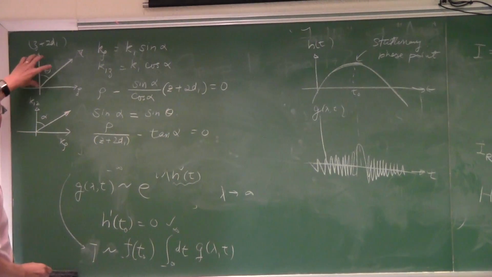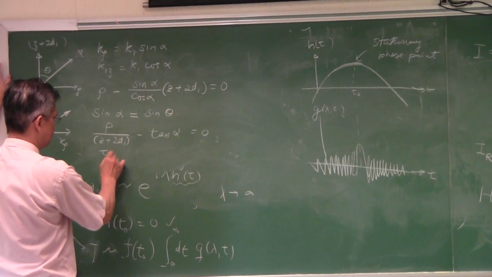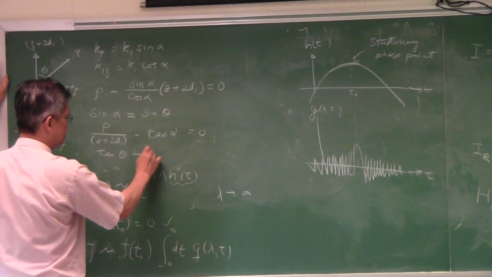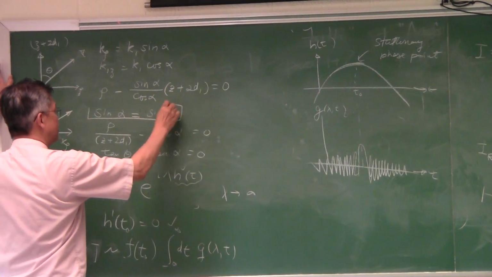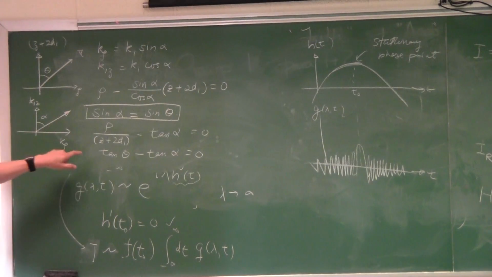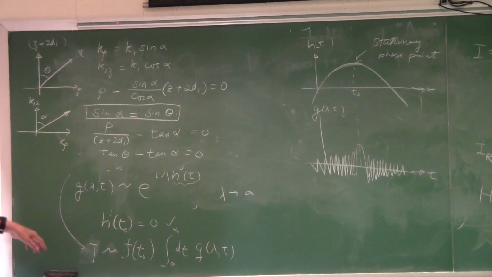But rho over this thing is just tan theta, right? Tangent theta minus tangent alpha is equal to 0. So very clearly, this is a solution. If I take alpha equals theta, I have the solution to this problem.